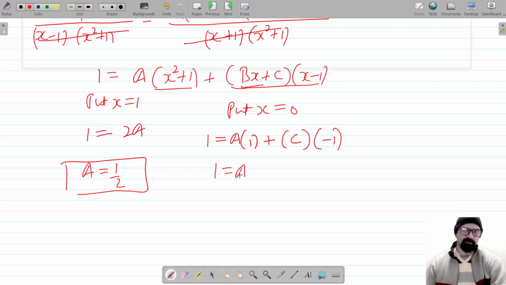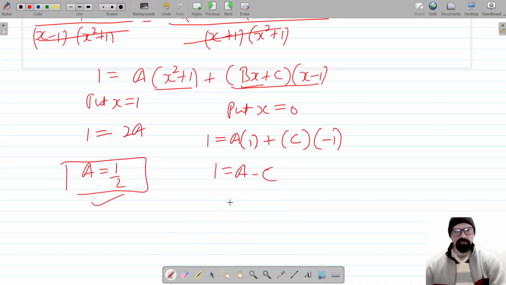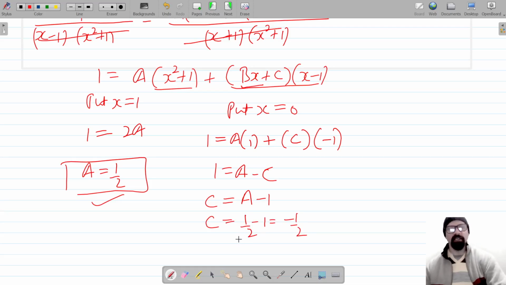So this gives me 1 is equal to A minus C. So C should be equal to A minus 1, and A minus 1 means half minus 1, which gives me C as negative half.